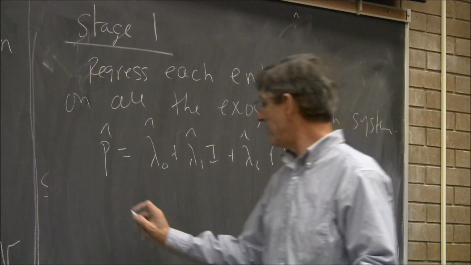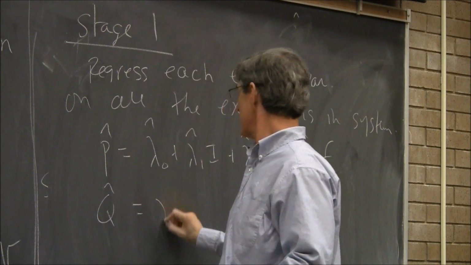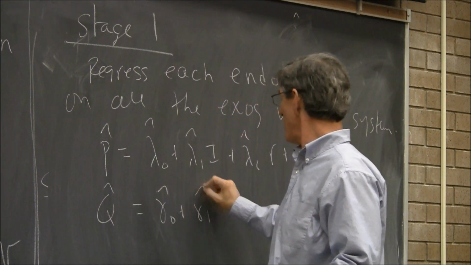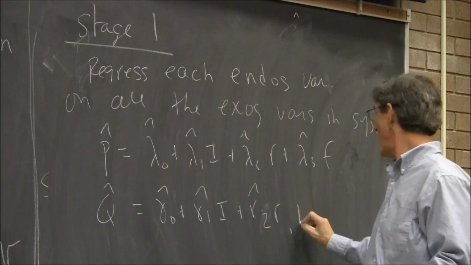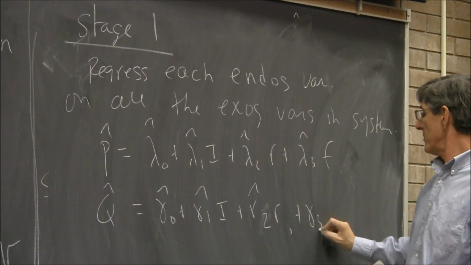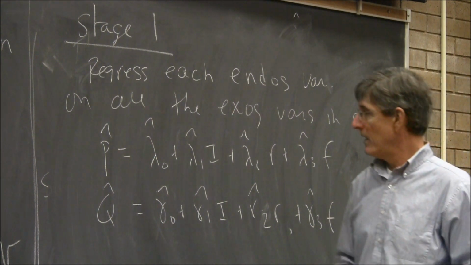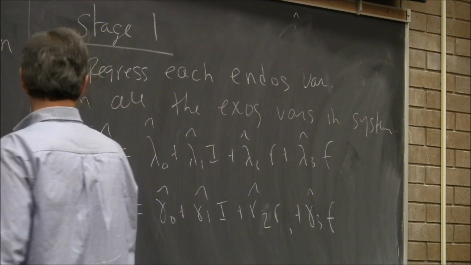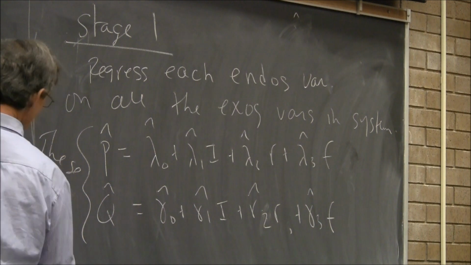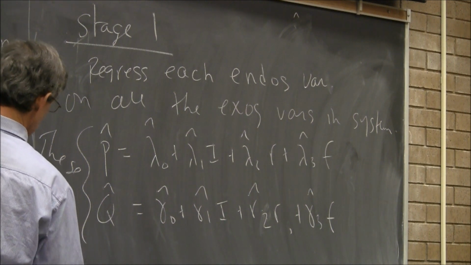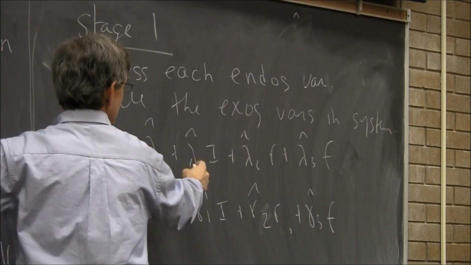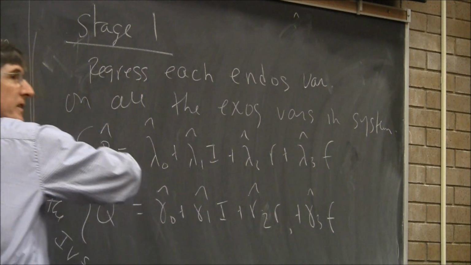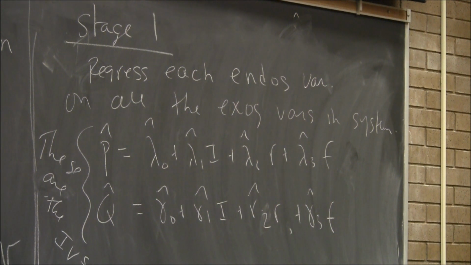And then Q hat equals gamma 0 hat plus gamma 1 hat I plus gamma 2 hat R plus gamma 3 hat F. These are the IVs. This is the A and the B that we were talking about over here. Here's A and B. So these are the instrumental variables.